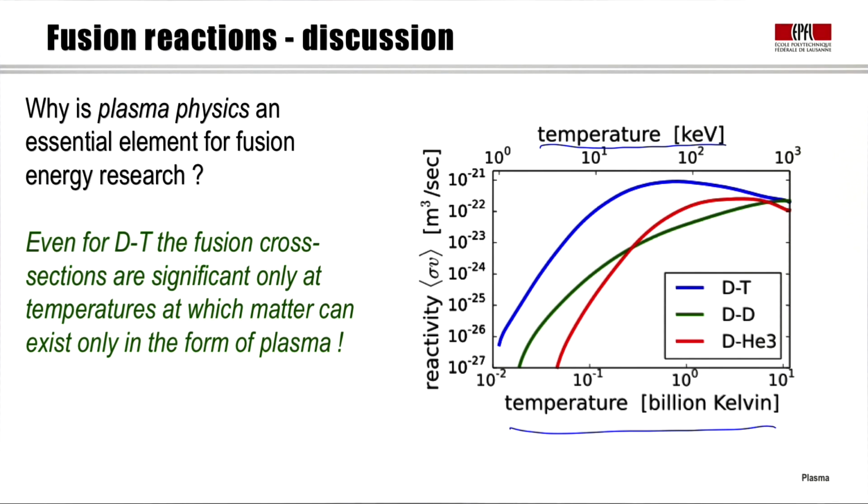Only plasma can exist at these temperatures of the order of 10 to 100 keV or of the order of hundreds of millions of Kelvin. So plasma physics is an essential element of fusion energy research because at the temperatures required for fusion, only the plasma state of matter can exist.